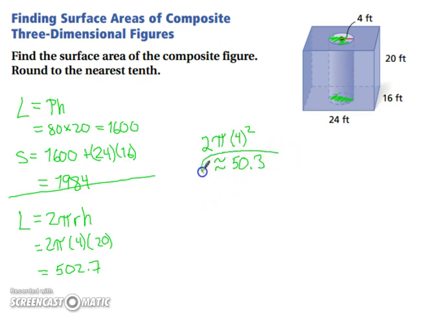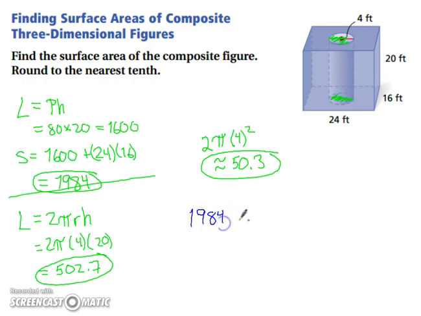We're going to utilize this 50.3, 1,984, and 502.7 to figure out our total surface area. So we're going to add our total for our rectangular prism, and then we're going to add the lateral of our cylinder, and then we need to subtract those two circles that we've already added in because they were part of this 1,984.